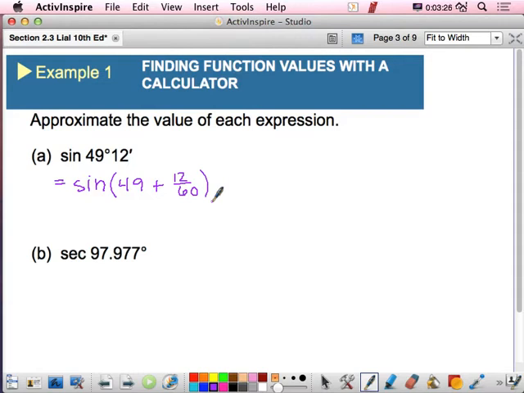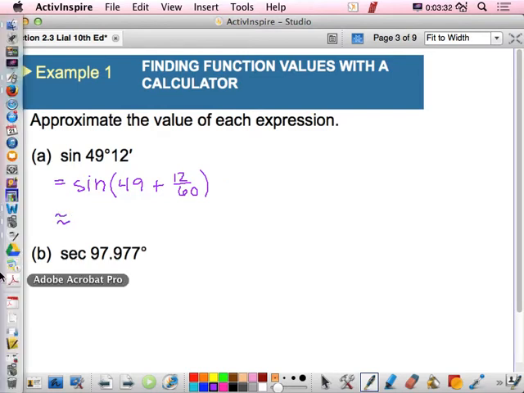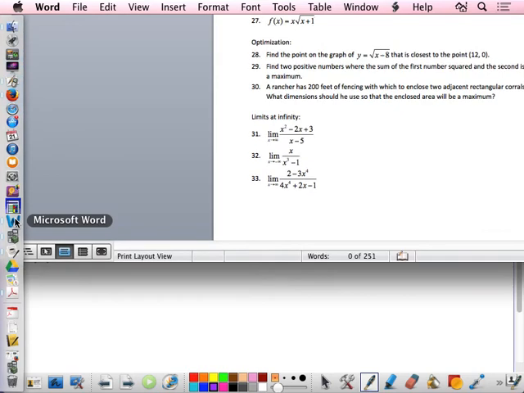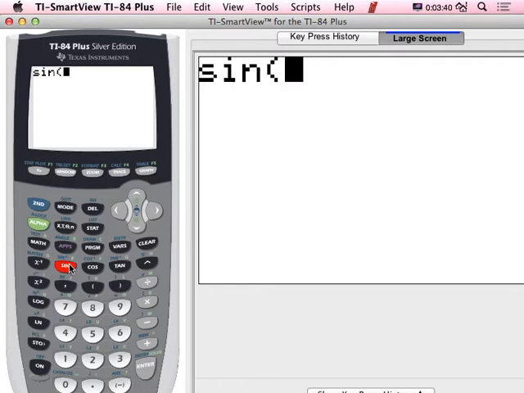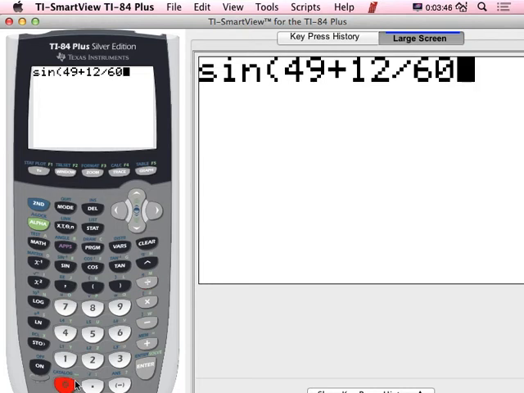And then we're going to type that in and we're going to round it to, since it didn't say, let's just round it to 3 decimal places. So we have the sine of 49 plus 12 divided by 60. Now you can use the whole alpha y equals thing if you want, but you don't have to.